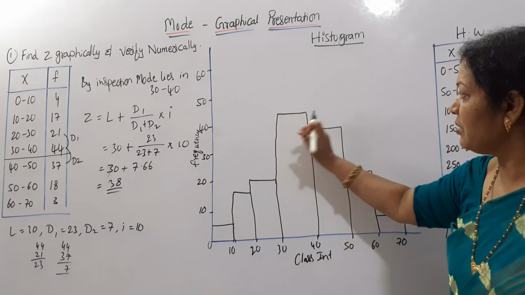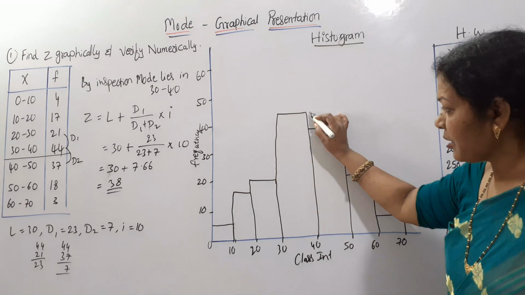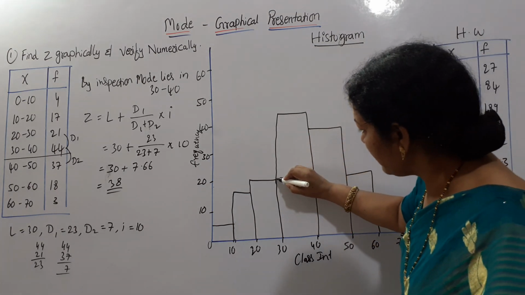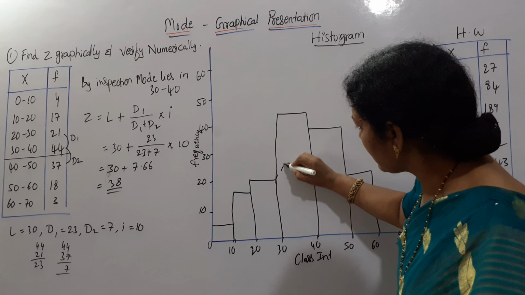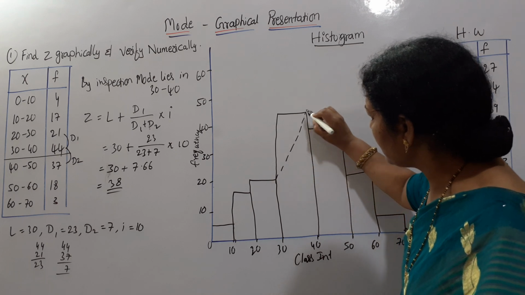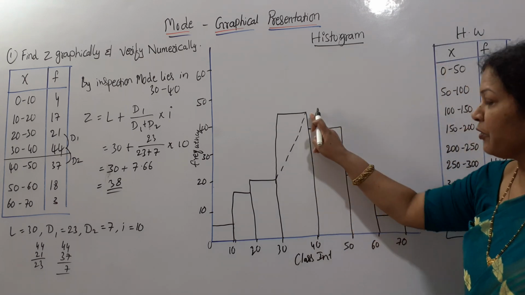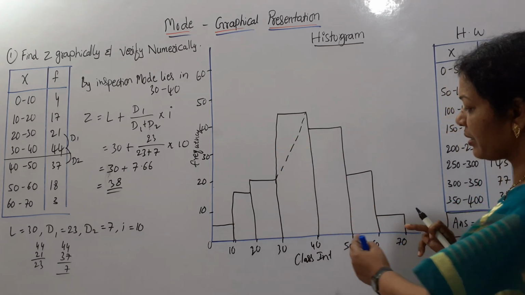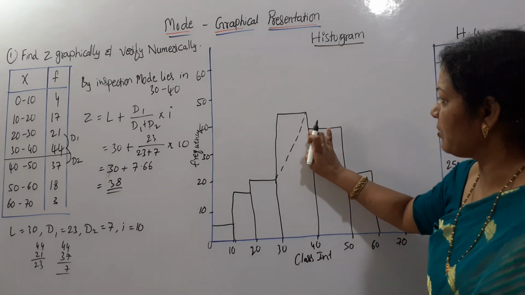What we have to do is from right corner to left side we will draw one line. You can draw like this, joining from here to there. In the same way, left to right we can draw one line.